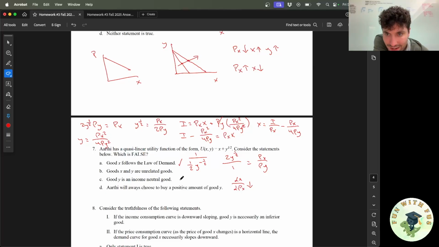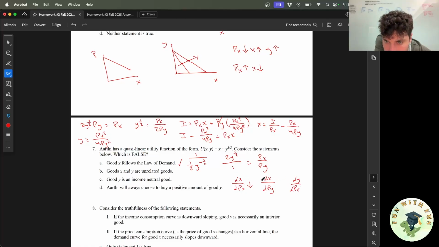Goods x and y are unrelated goods. So this is talking about, I guess, substitutes and complements. But this is going to be a very niche scenario, so I bet that this one's going to be false just from the eyeball test. But I would be searching for dx over dpy, and dy over dpx.